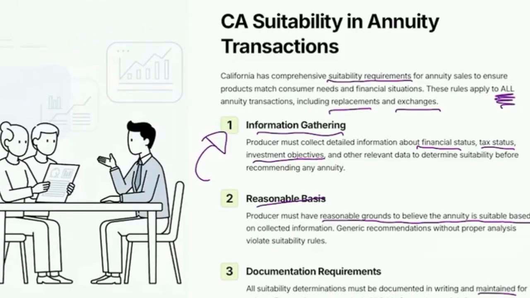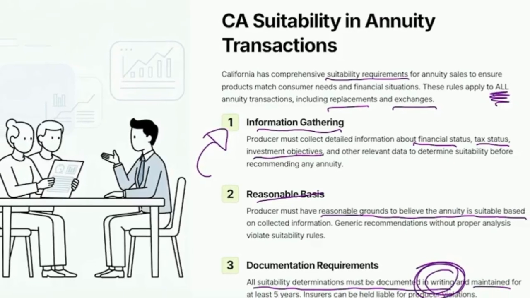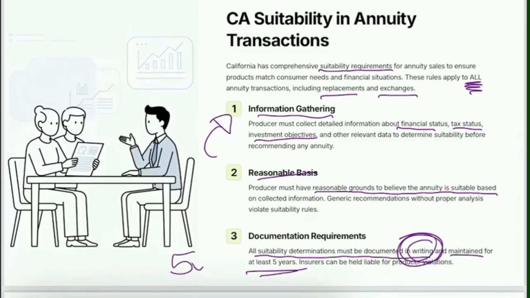So you must gather the information and do a suitability analysis and then make your recommendations off of those suitability findings, right? And everything must be in writing and you've got to keep it on hand for 5 years.